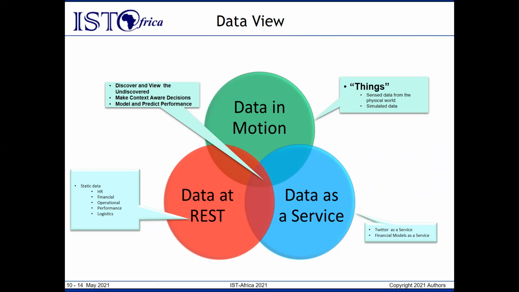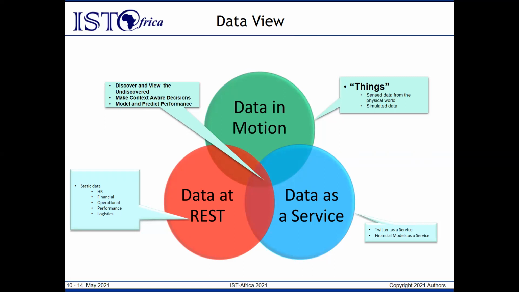because we can go to Twitter where we can see what is trending. We can even have those financial models that can inform us of what is expected and what the functionalities within the finances are that are put in place. And then we've got the data at rest.